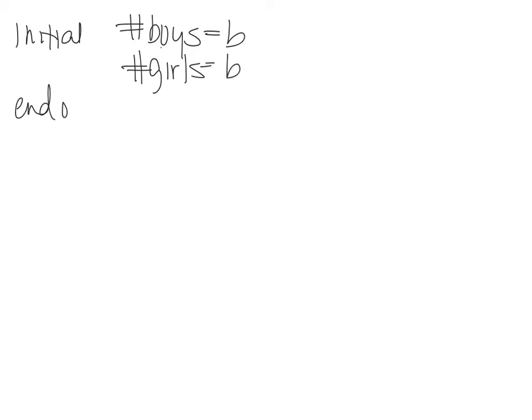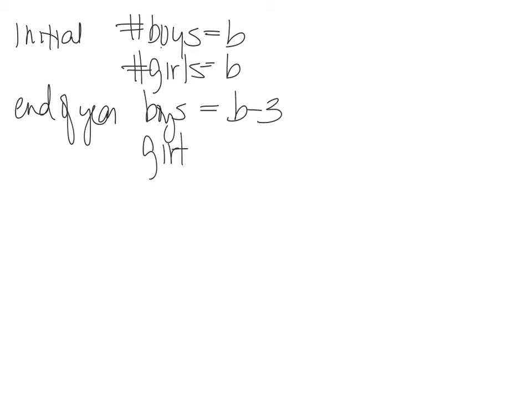So initially, the number of boys is B, and then the number of girls I can also say is B. And then at the end of the year, for the boys, I have B minus 3, and for the girls, I did it again.